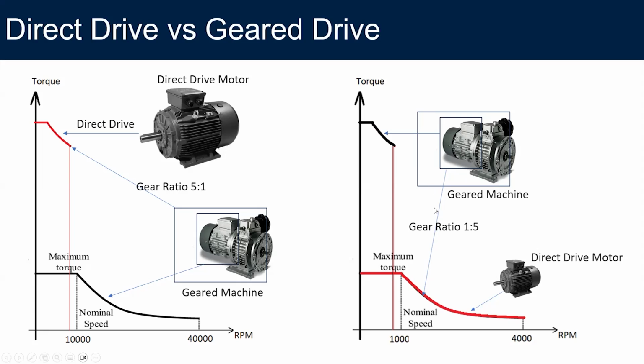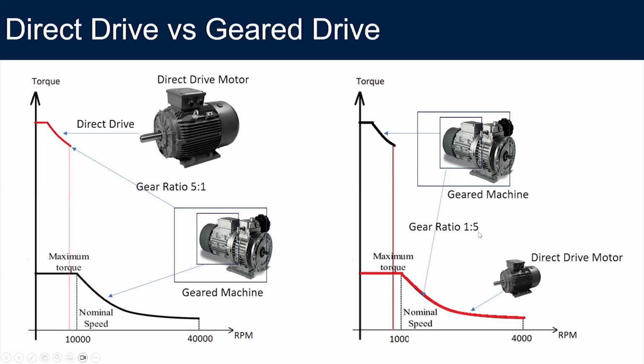So for example, if we have an application where we need a higher torque and a lower speed, you have a high speed machine coupled with a gearbox that reduces the speed, then that would weigh more than the direct drive machine. The direct drive machine would be running at a higher speed and then lower torque, that would be producing the same torque speed profile.